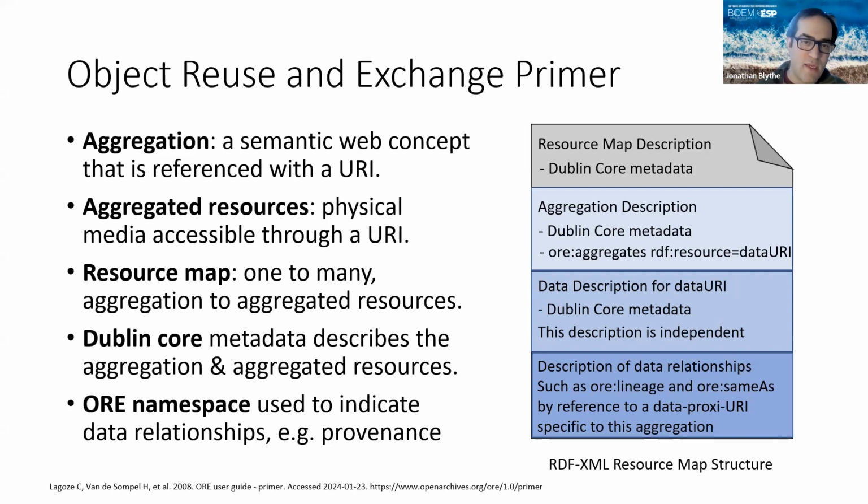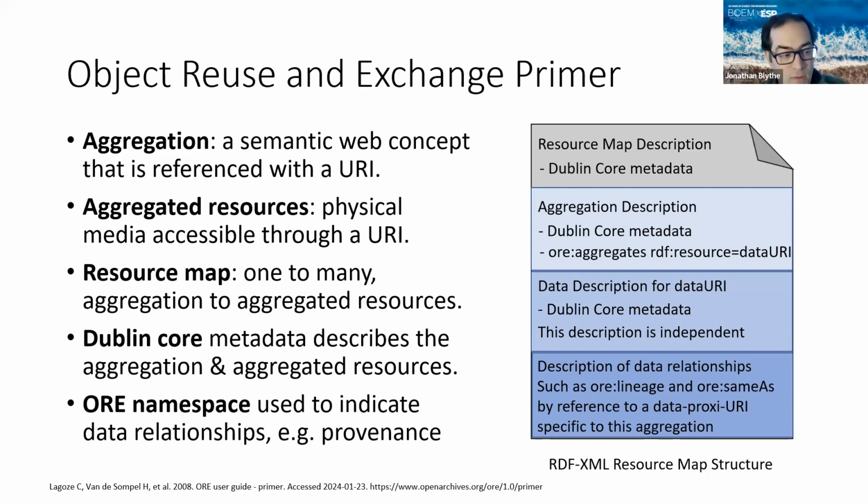Concepts do not resolve to a resource on the semantic web. They are just referenced using a URI that doesn't go anywhere. That's just the difference between physical media versus web concepts. And the resource map is structured like a one-to-many relationship. There's one aggregation and at least one, but hopefully more than one, aggregated resources.